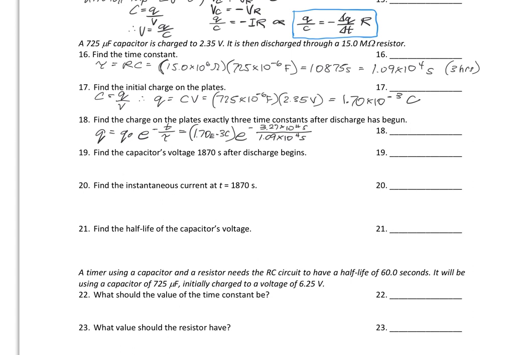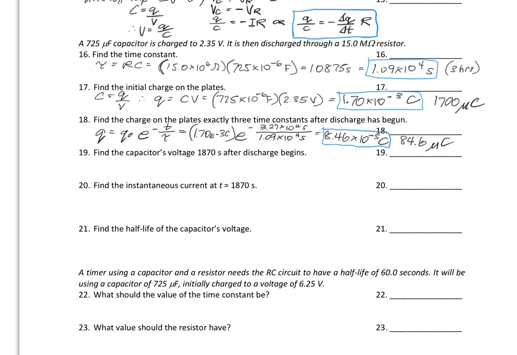So that's 1.7 times 10 to the negative 3, and we wind up with 8.46 times 10 to the negative 5 coulombs. So now going from 1700 microcoulombs to 84.6 microcoulombs.